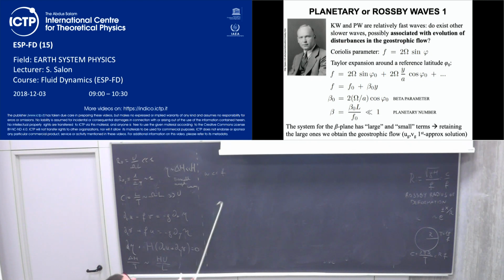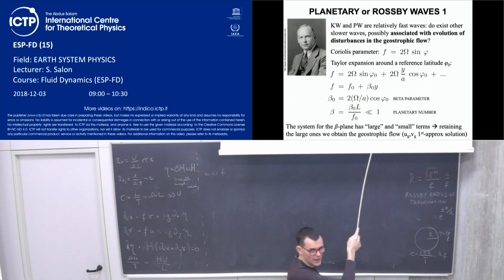Okay, so Rossby, who was another very important scientist from Sweden, said, let's try to expand via Taylor the expression of the Coriolis parameter, considering one more term.